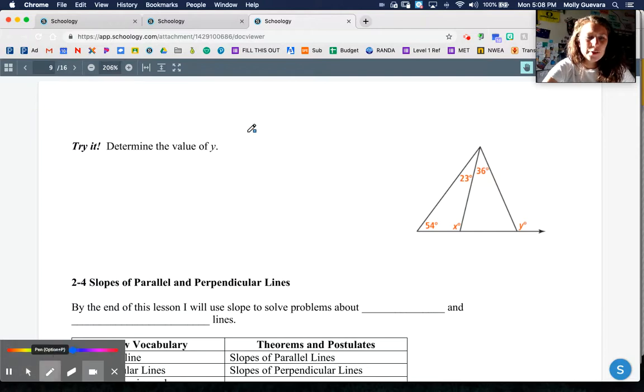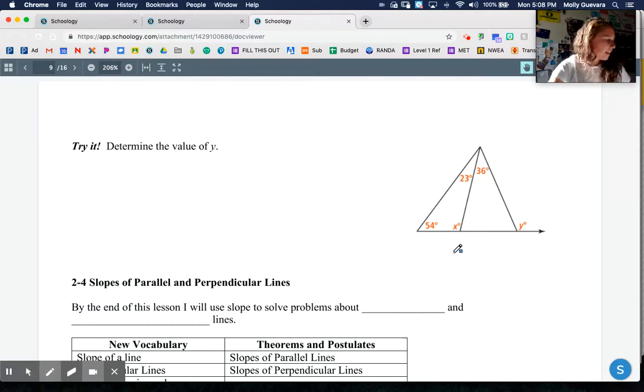Okay, let's go through this one. It looks a little tricky, right? So the first thing that I see, I'm just going to start filling in angles that I can find. Well, looking at this triangle, I can easily find angle x, right? 180 minus 54 minus 23. So angle x is 103.